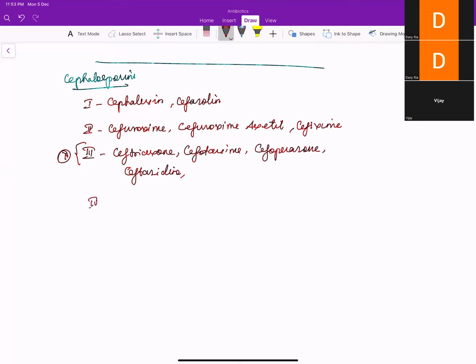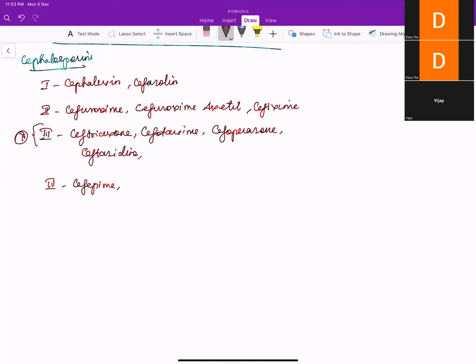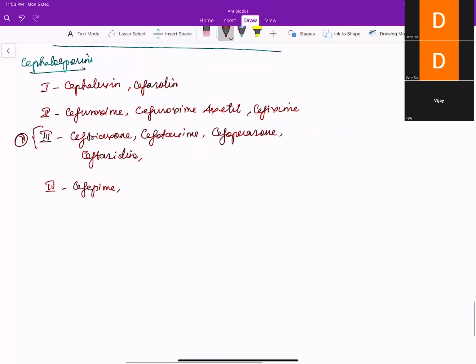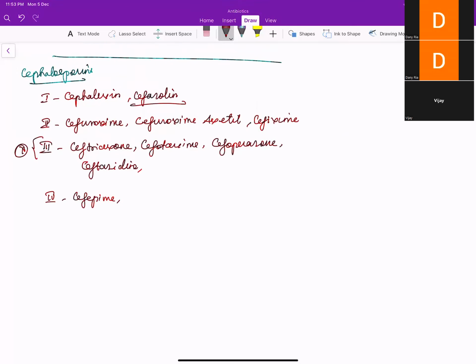Fourth generation is cefepime. I remember only one. Next comes the fifth generation, ceftaroline. Many are there, but practically we use these. Then cefazolin, I haven't used. Cephalexin. Okay, so what's the basic spectrum of the first, second, and third generation?